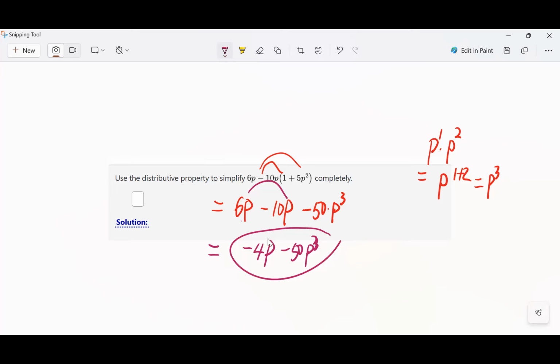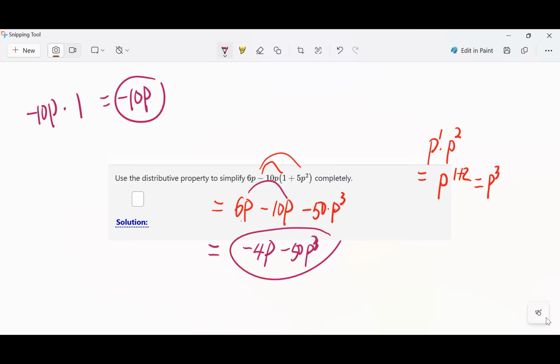Any question about this? Did the one just disappear? Oh yeah, you mean which one? The one that's in the parentheses. In the parentheses? Yes, because any term times 1, it doesn't matter with the variable, right?